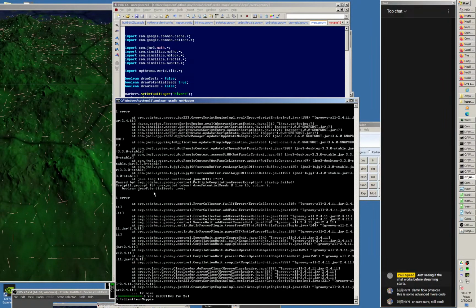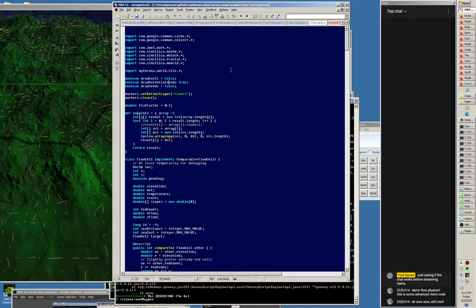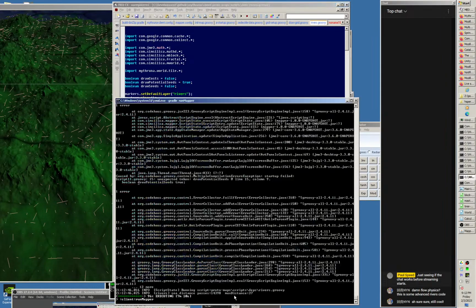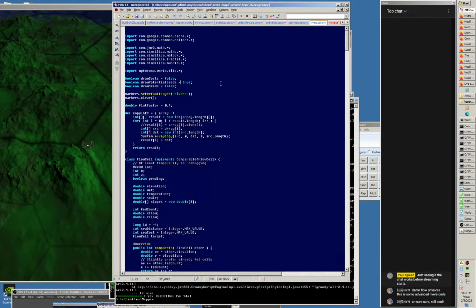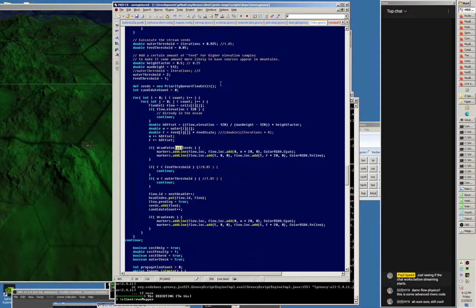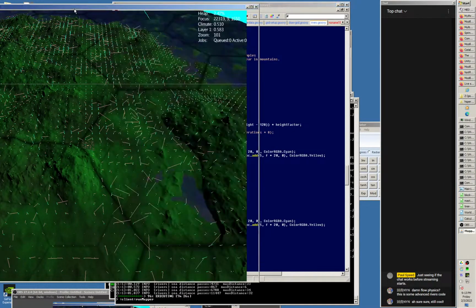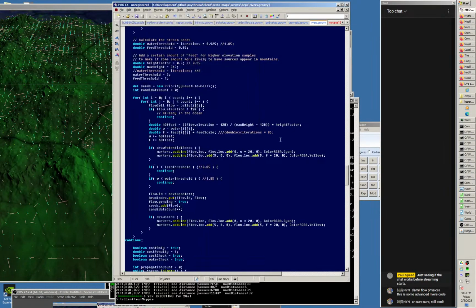Why is that an unexpected token when it was fine here? Oh, equals dir. Spell it right. Okay. So now we're back to something that I can demonstrate. Here we go. I gotta get rid of those pink things.